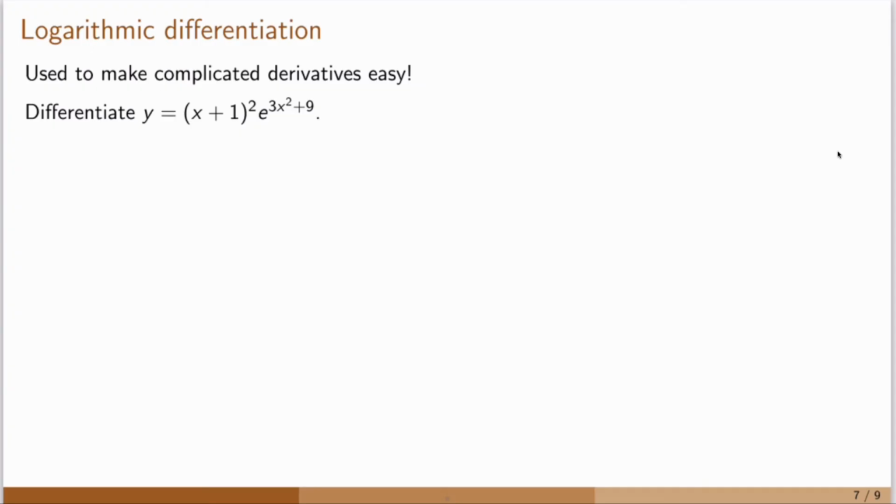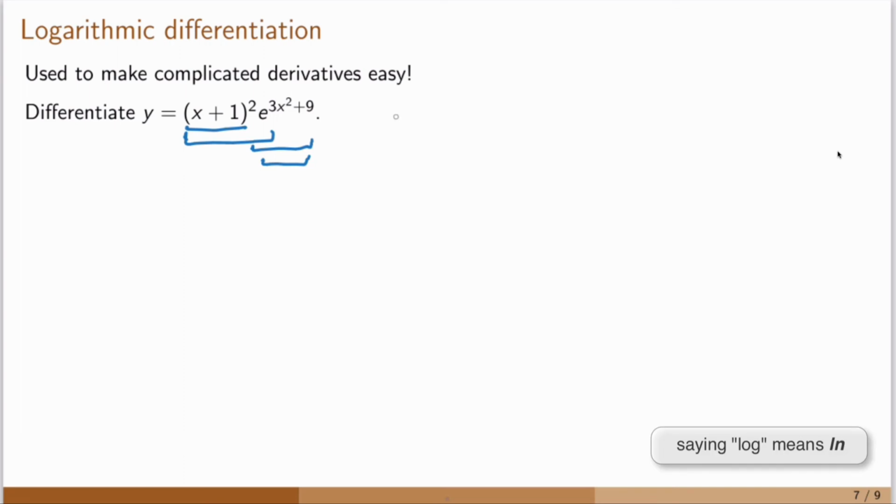So if you have to differentiate this, well, you need a chain rule, and then this time you need a product rule, and then you need the exponential with a chain rule, and you need a derivative of this one. So it is what I would call a complicated derivative. So let's log transform. So we log y is then of course log of all that.